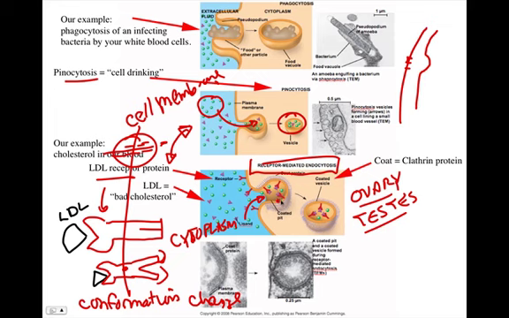Now, why does it start to bend in here? It starts to produce what's called a coated pit, and it's called a coated pit because under electron microscopes, scientists observed that the beginning of endocytosis and the formation of the vesicle included proteins binding to this surface.